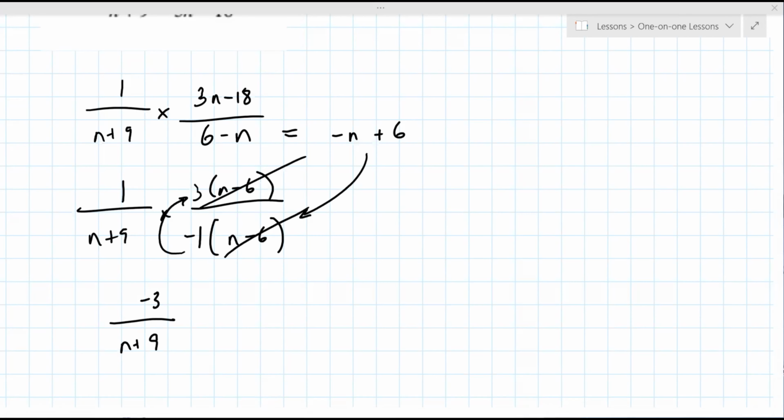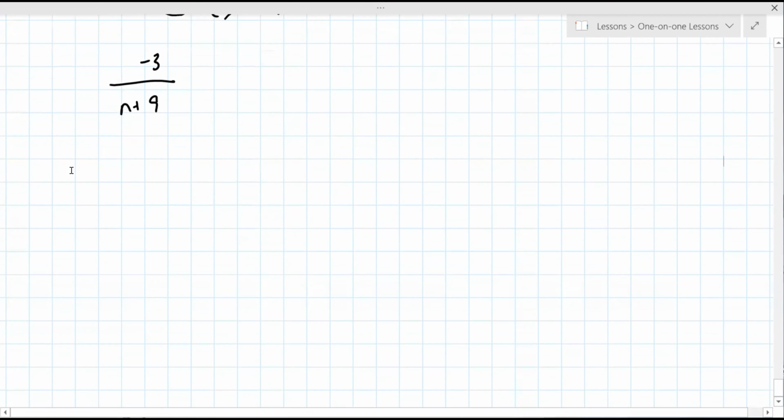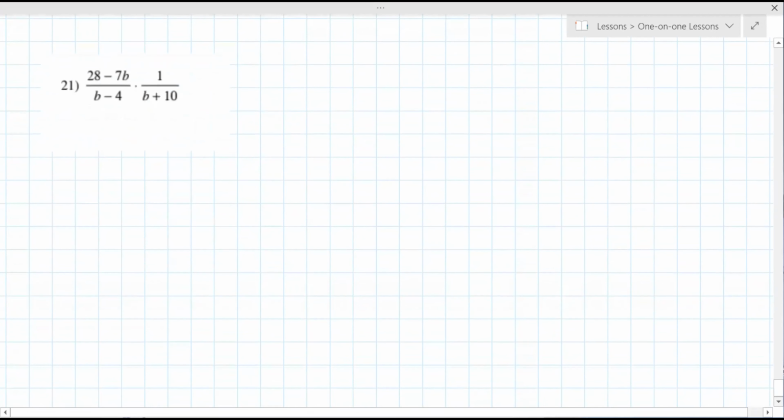On number 21, this one's a little difficult. 28 minus 7b over. Just factor out that top left, and you'll see the cancellation. This one you have to do the negative again with the factoring.